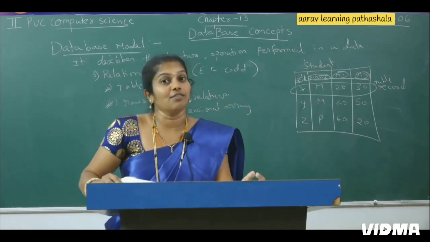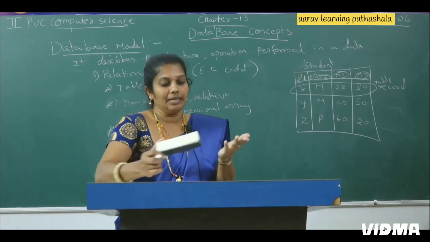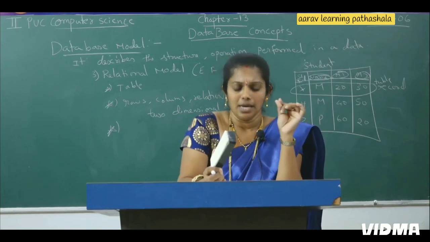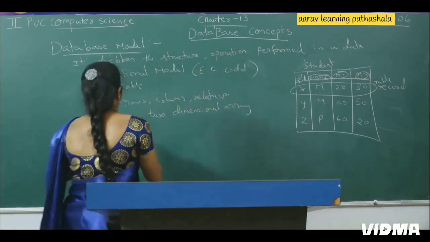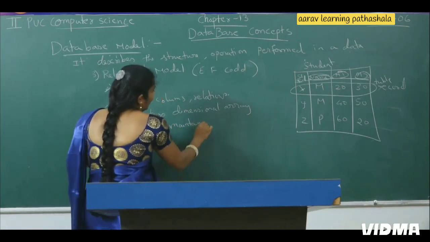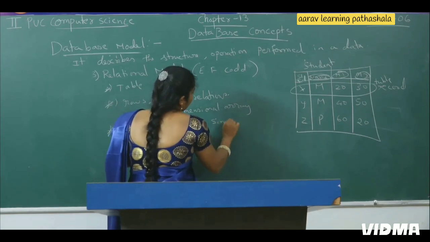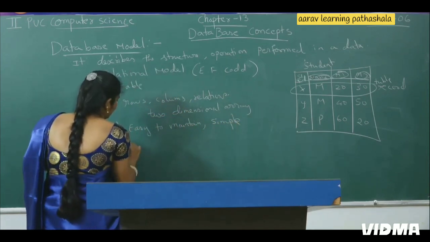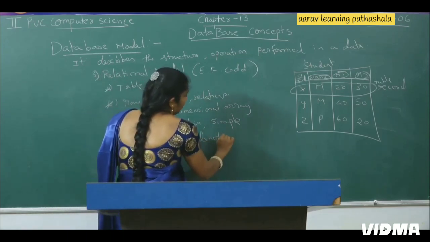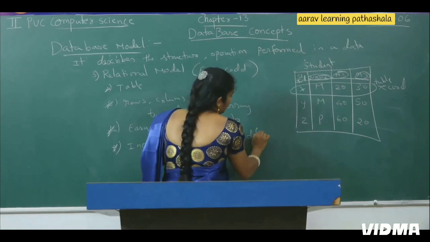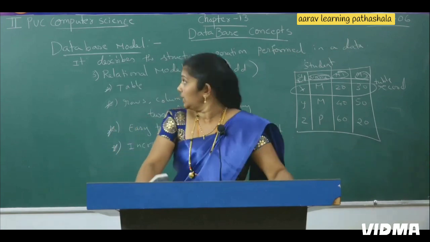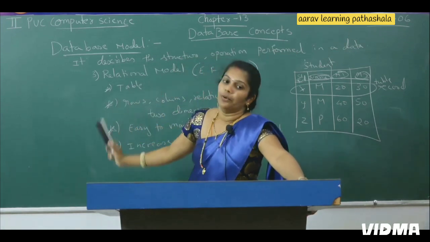But it is easy to maintain and simple. So the advantages are easy to maintain and simplicity, but increasing the length is difficult here. Now is it clear? These are the things regarding the relational database model.